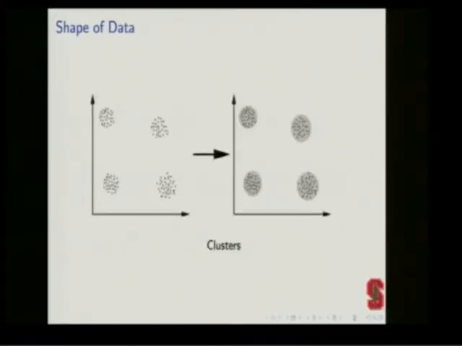Here's a real simple example. So if you look on the left there, this is a data set that one might see. So I'm showing you 2-dimensional data sets here just because I want to be clear that we can see them and so on. Most data sets will be much higher dimensional than that. But imagine that this is a collection of points in the plane, data points given with 2 different coordinates.